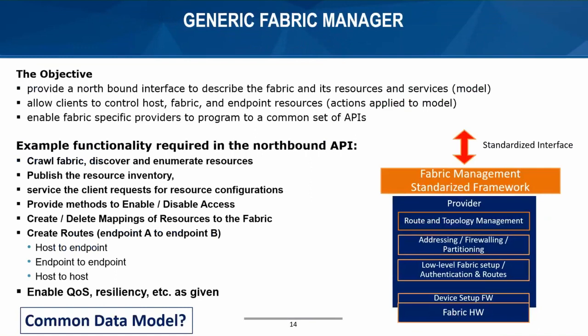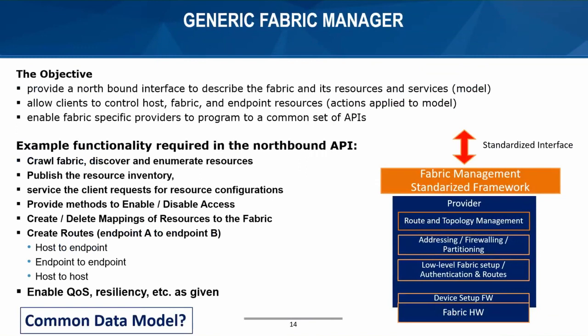So this slide visually shows the Universal Fabric Manager stack over there on the right, while the text defines some requirements and some functionalities. First, the objectives. Provide a northbound interface to describe the fabric and its resources and services. Provide a model for those applications to reference the fabric with.